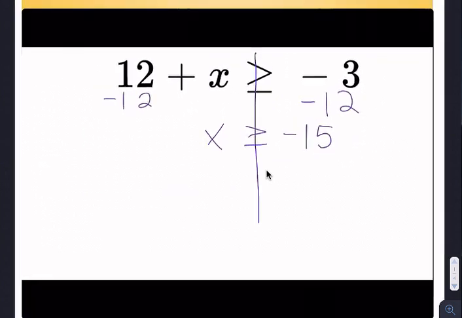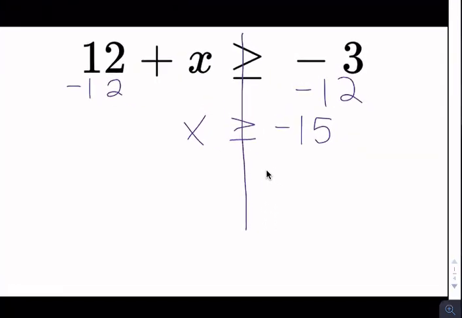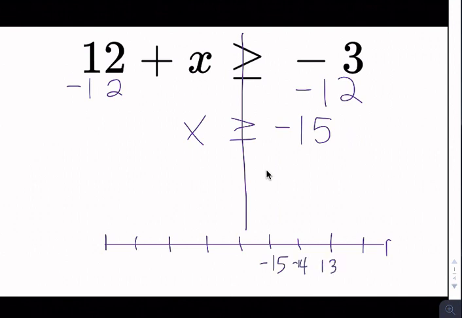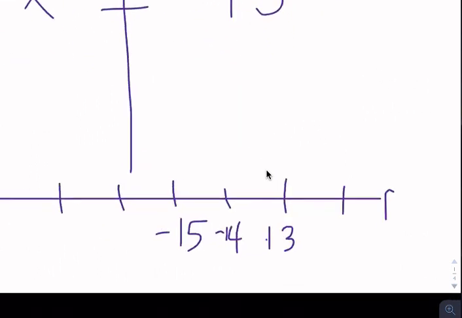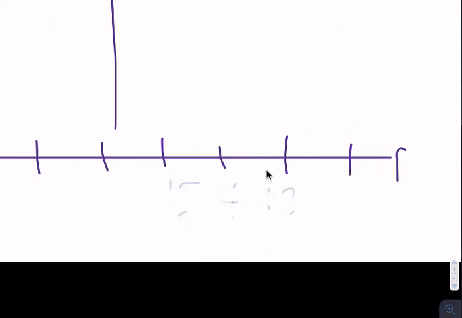The next thing I need to do is graph it. So if I have a number line, I'm just going to draw a really quick one. I'm going to put negative 15 right here. So this will be negative 14, negative 13. I'm going to write it nicer so you can read it.